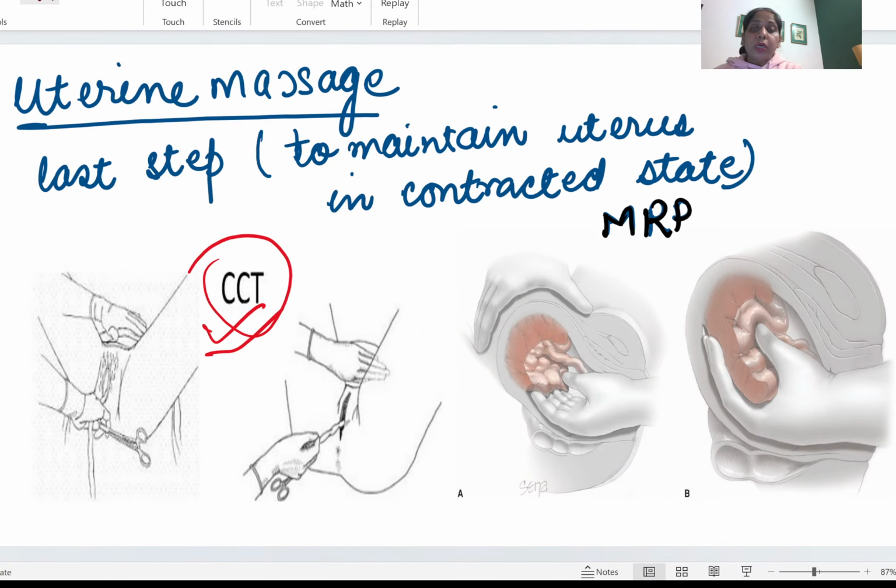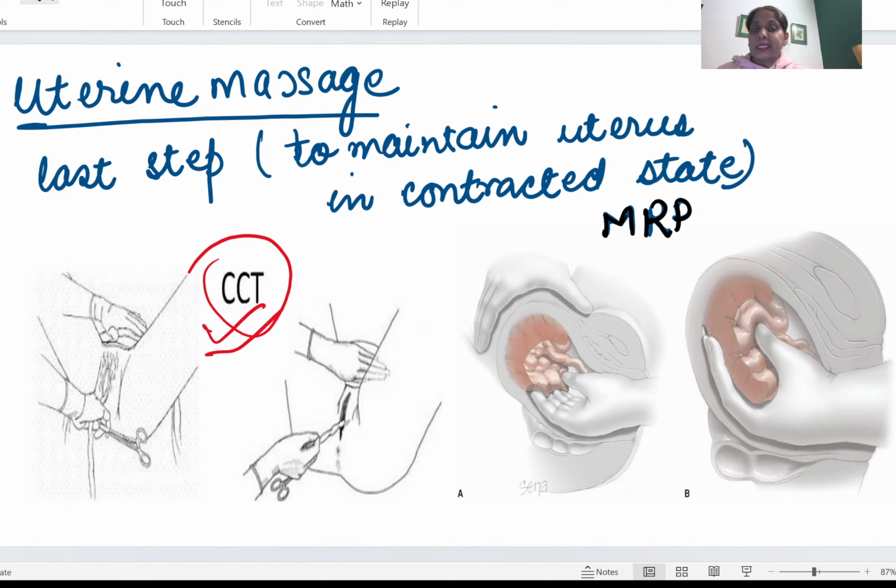So the last step in the active management of the third stage of labor is uterine massage. Once we have done the clamping and removed the placenta, we massage the uterus, and we keep doing it for 10 to 15 minutes. Once the uterus gets contracted, it again gets relaxed.